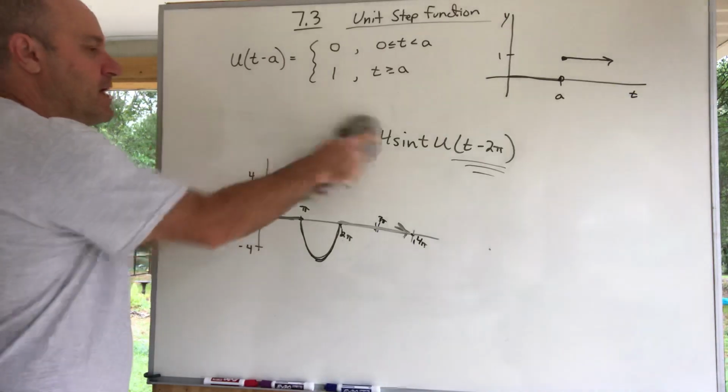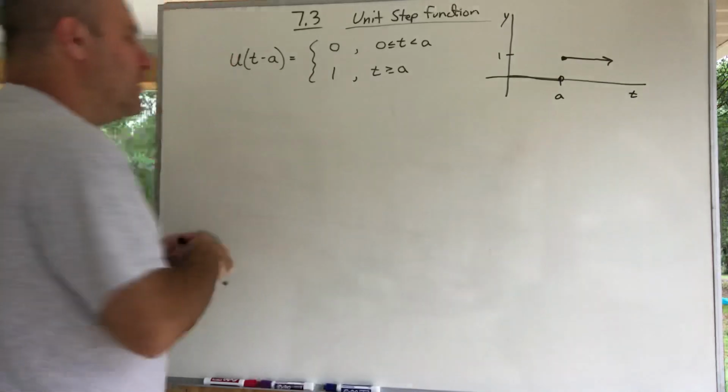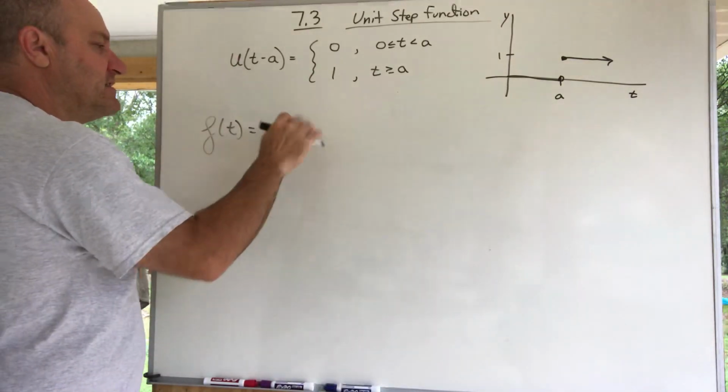Okay. Here's one. This is a 6. What did I want to do?